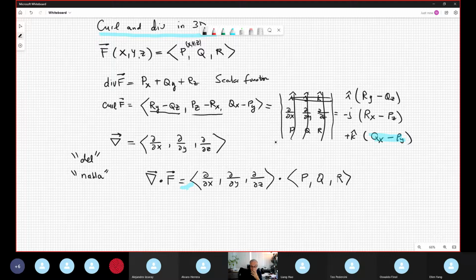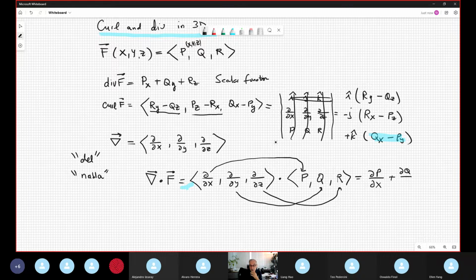The answer is partial derivative P with respect to x. Look, this partial derivative applies to the first component, this applies to the second component, and this applies to the last component. It is partial derivative Q with respect to y plus partial derivative R with respect to z.